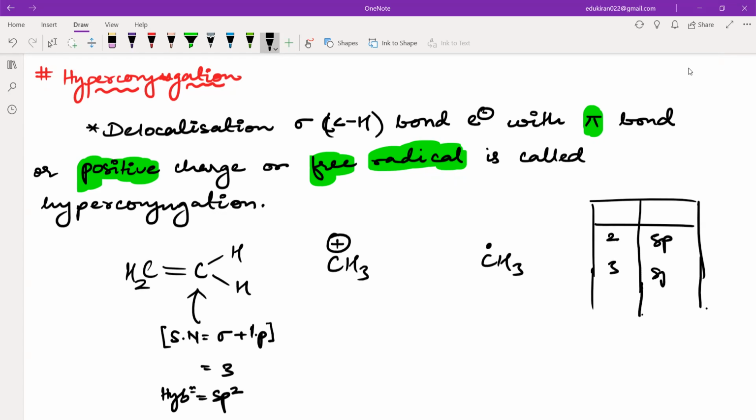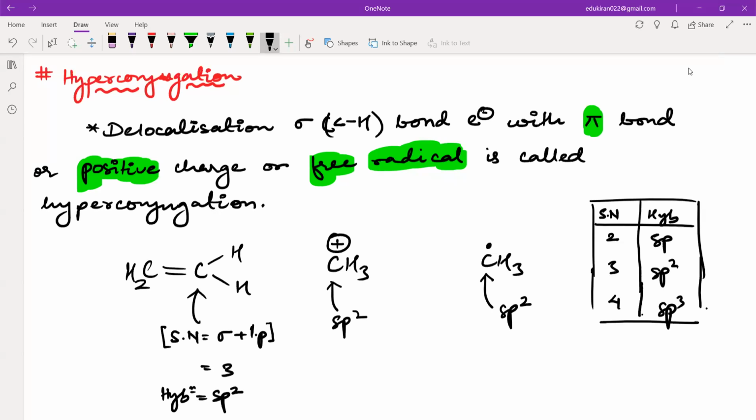If it is 3, it is sp2. If it is 4, it is sp3. These things will be helpful in organic chemistry. Please remember these, you cannot forget this. Here also the steric number is 3, so the hybridization will be sp2. Here also the hybridization is sp2.